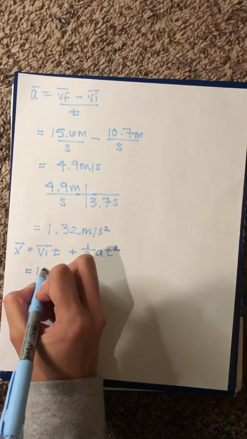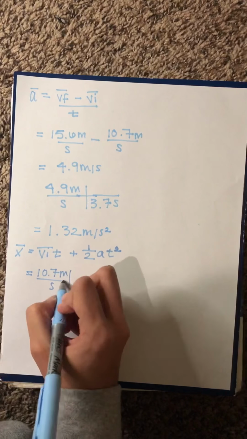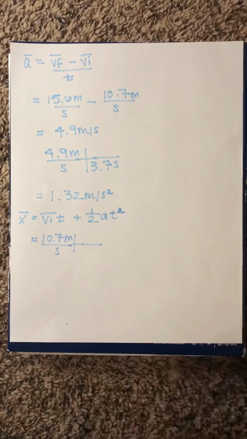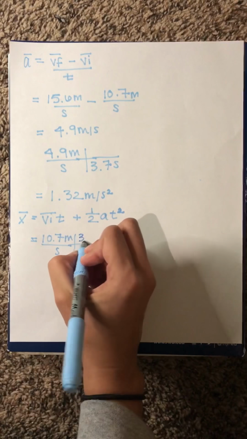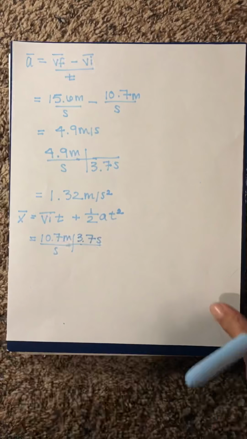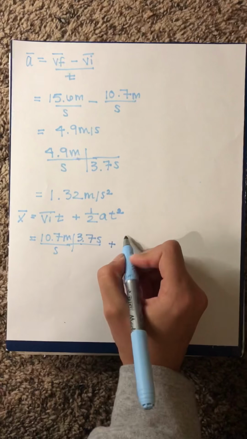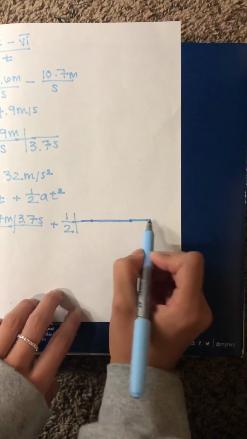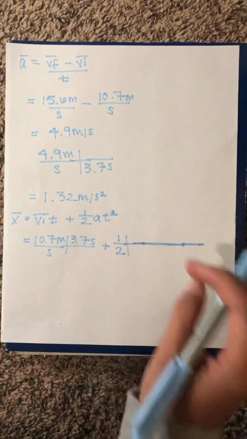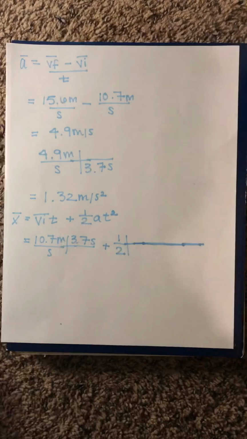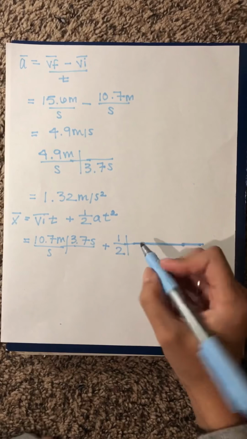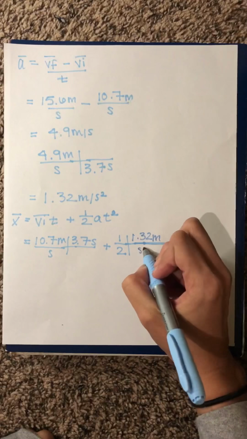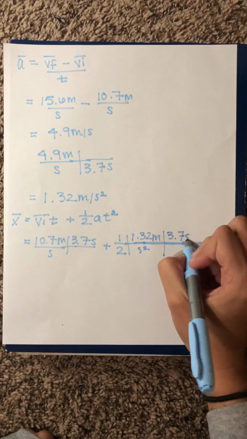We know the initial velocity is 10.7 meters per second, with a time traveled of 3.7 seconds plus 1/2 1.32 meters per second squared times 3.7 seconds.